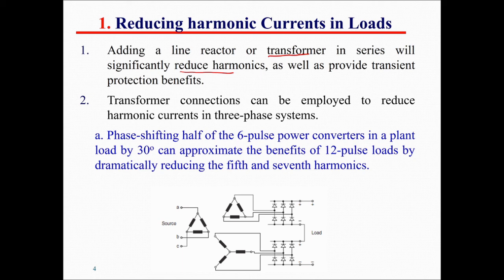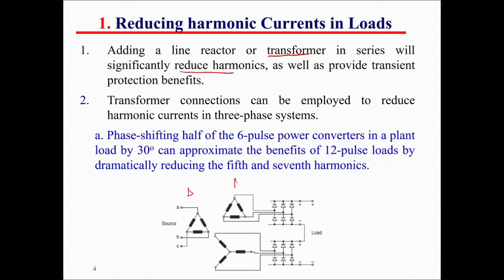Number 2, by using transformer connection, since transformer connection can be employed to reduce the harmonic current. And this is just an example. We have over here the primary connected as delta for the transformer, and then this transformer will have two secondaries.